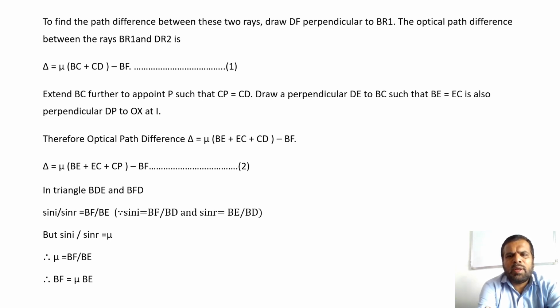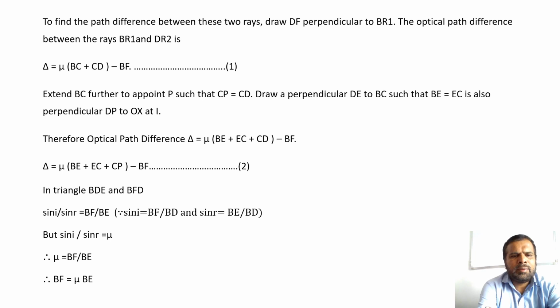Draw a perpendicular DE to BC such that BE is equal to EC. Also draw DP perpendicular to OX at I. Therefore, optical path difference delta is equal to mu into bracket BE plus EC plus CD bracket complete minus BF. Therefore, delta is equal to mu into bracket BE plus EC plus CP bracket complete minus BF. Call this equation number 2.